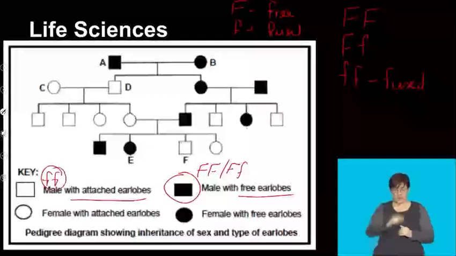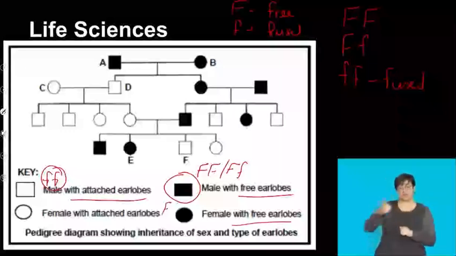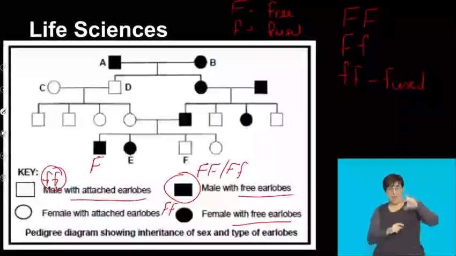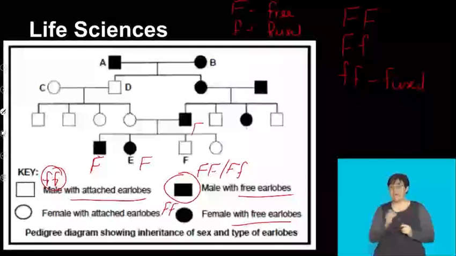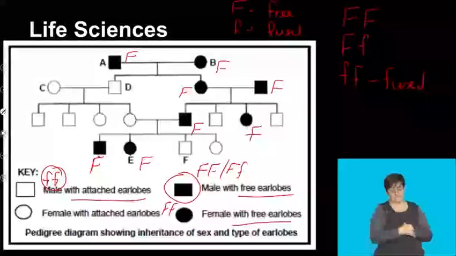And so when we look at this illustration, it's important that when we go through this, we identify the free earlobes as being the dominant trait, and we allocate these individuals a capital letter F. And I often do that quickly before I get into unpacking the possibilities in this cross. So as you would see, I've allocated all the individuals having the dominant trait a capital letter.